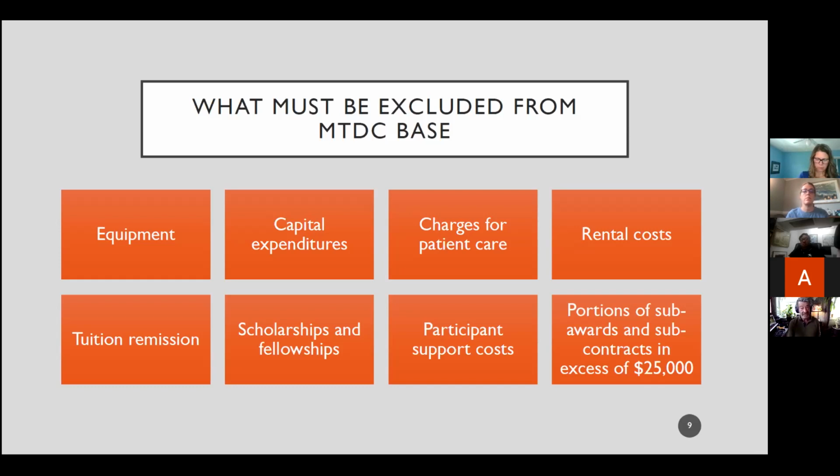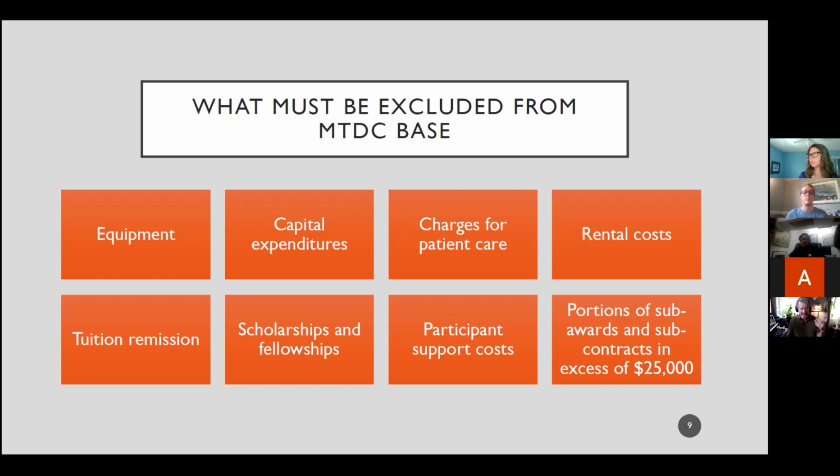So if you have got a rapid rehousing grant, or a permanent supportive housing grant, and you've got a rental assistance budget line or a leasing budget line, you can't include any of those actual rental cost dollars, any of those leasing dollars, in your modified total direct cost base. So you can see immediately that on a lot of COC grants, a lot of the expenses that comprise a big part of our budget, we're not going to be able to charge the 10% rate on.